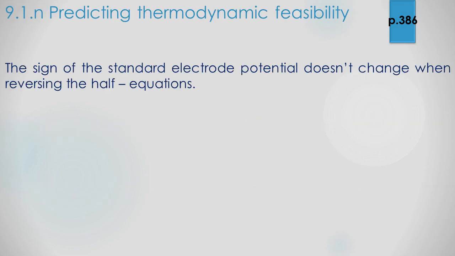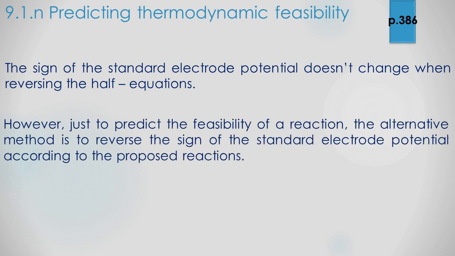We already said before that the sign of the standard electrode potential doesn't change when reversing the half equations. However, just to predict the feasibility of the reaction, an alternative method is to reverse the sign of the standard electrode potential to match the proposed reaction. It's scientifically incorrect, but it always works.